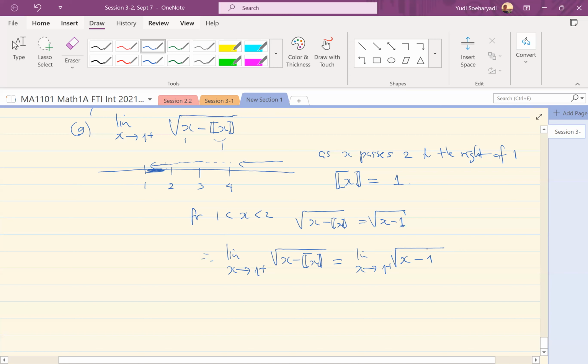Now you can plug the numbers. It's defined because x is larger than 1, since you subtract 1 here. So x must be larger than 1, and this is positive. So x going to 1 from the right, this is 0.